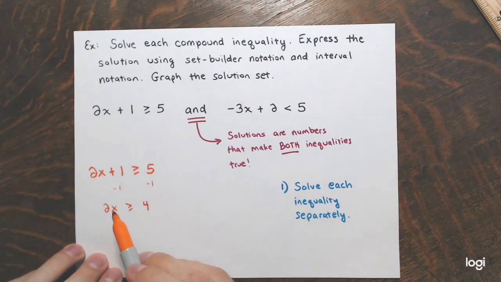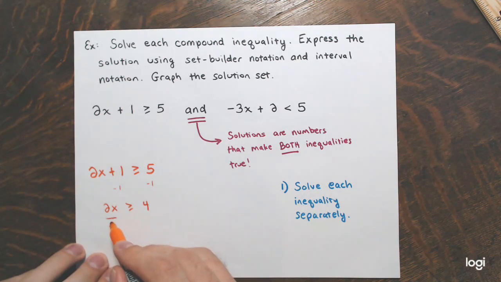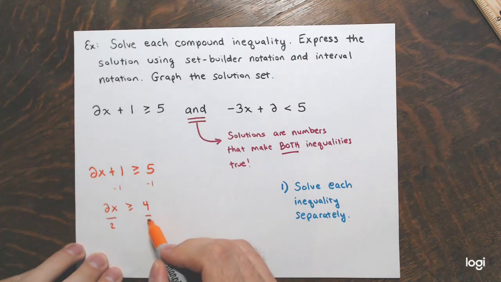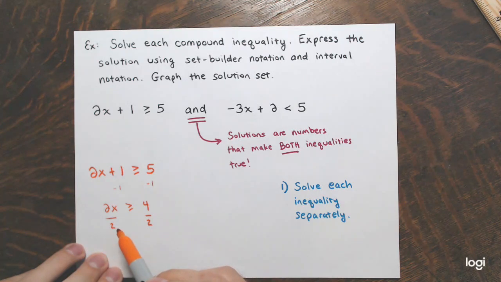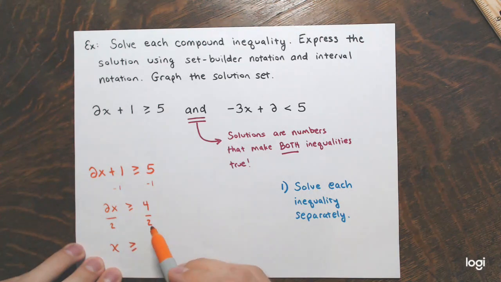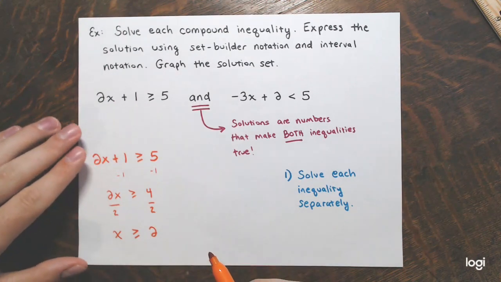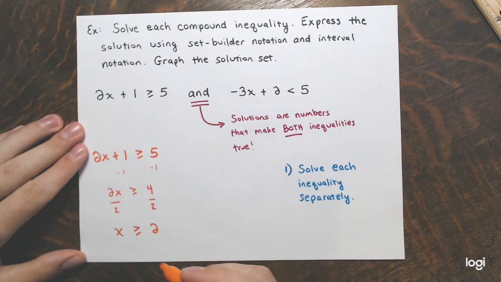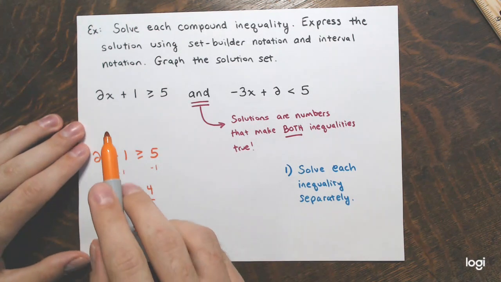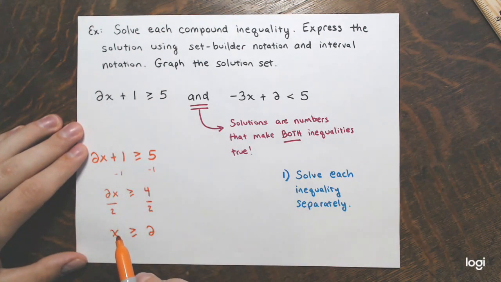And then to get x by itself, to solve the inequality for x, I divide by 2 or multiply by a half, same thing. Now this is a positive 2 that I'm dividing by, so again the inequality symbol does not change direction. It will stay the same. So we have x on the left side still is greater than or equal to, and then 4 divided by 2 is positive 2 on the right. So the solutions of this first inequality are any number x.